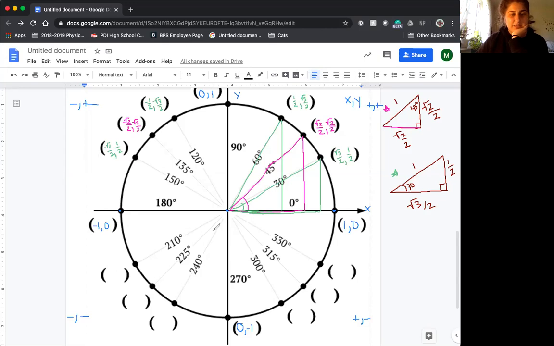This is going to be negative root 3 over 2, comma negative 1/2. Right, because both are negative here, x's and y's. Well, this point right here is just going to be negative root 2 over 2, comma negative root 2 over 2.